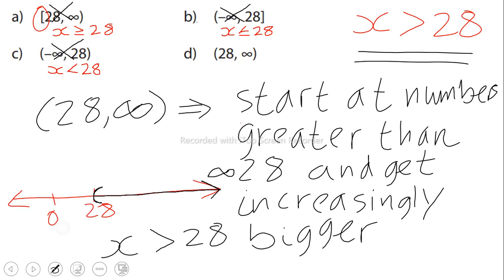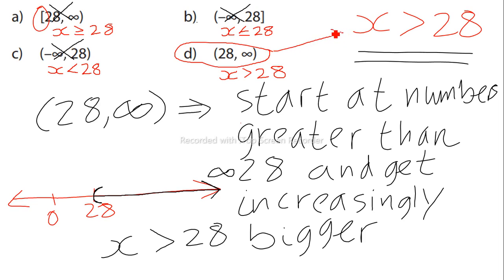And so that is the correct one, right? So x is greater than 28. That is the correct interval notation that corresponds with our inequality here. All right, so that's the correct one. So hopefully that makes sense to you. And hopefully you're understanding these things.